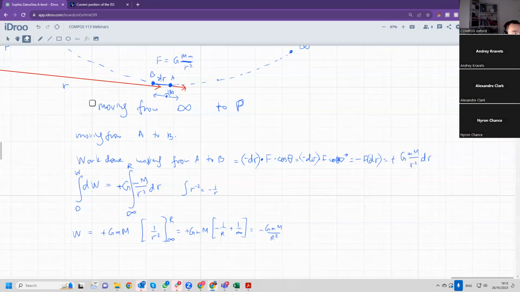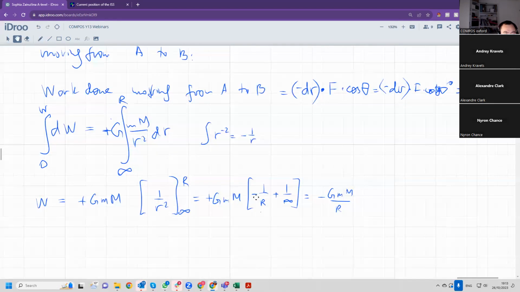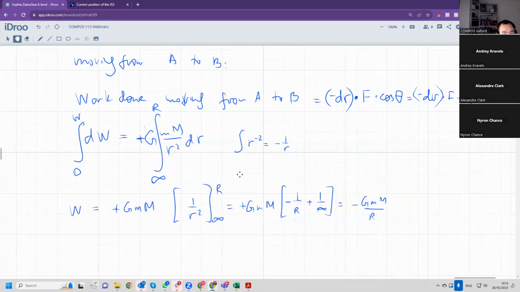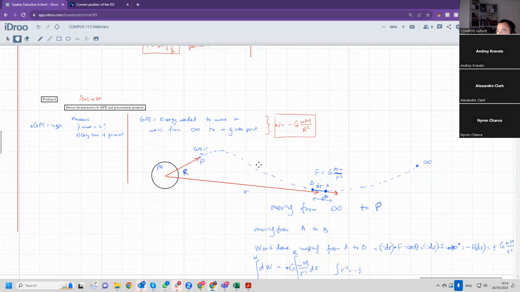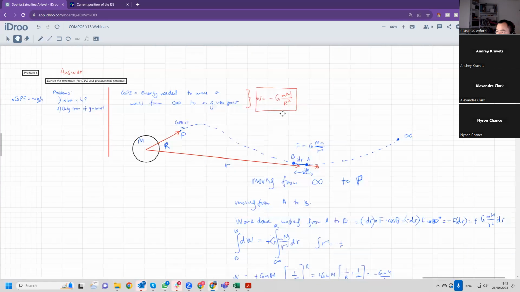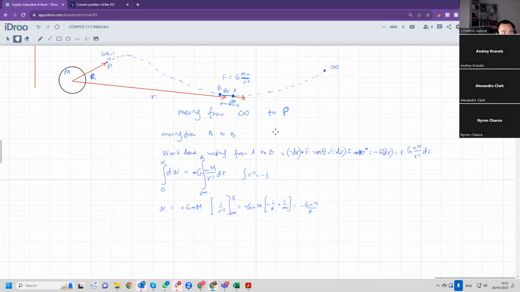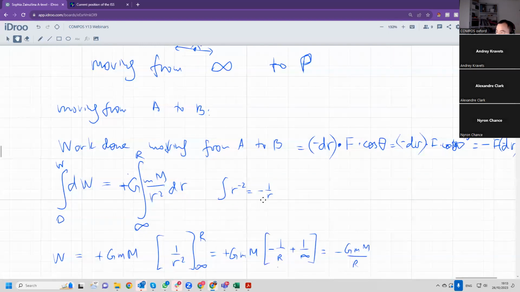Okay, and then we have R. Apologies. So minus GMm, the integral of 1 over R squared is minus 1 over R. Yes.